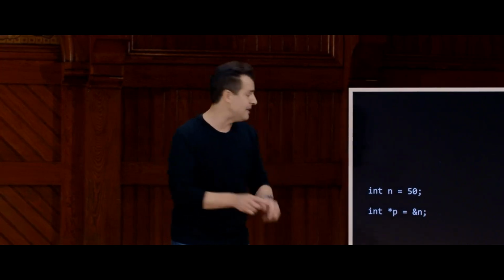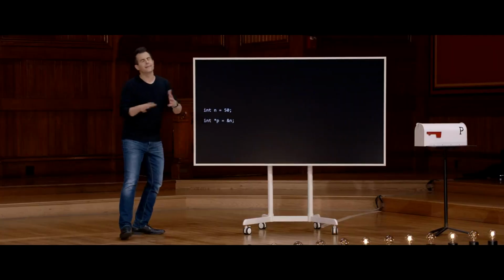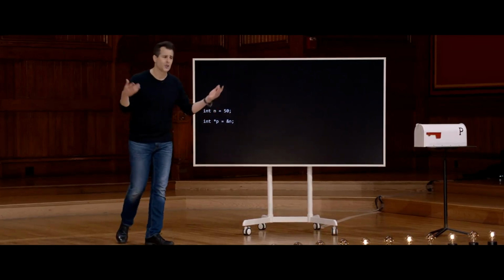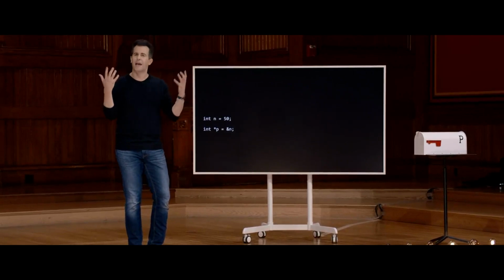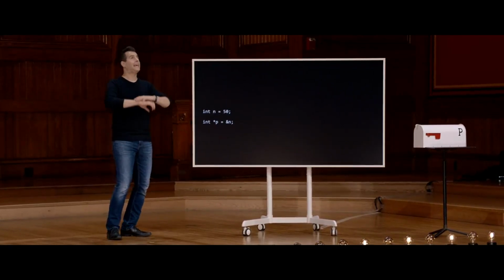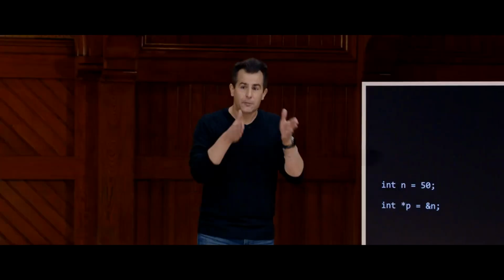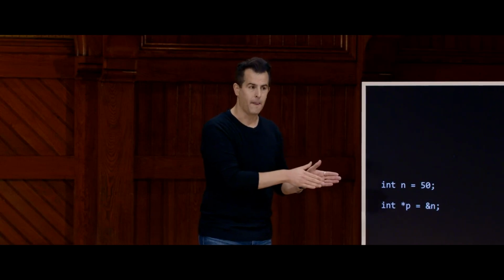That is, p is going to be the address of what? The address of an integer. Now, technically, it's still an integer itself, right? Because an address is just a number, whether it's 123 or 0x123. So this is really just a semantic difference. So int *p just means that this variable doesn't contain any old number, like 50. It specifically contains a number that is the address of something else.